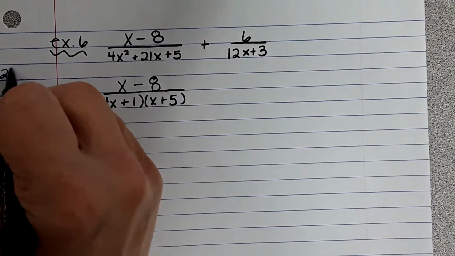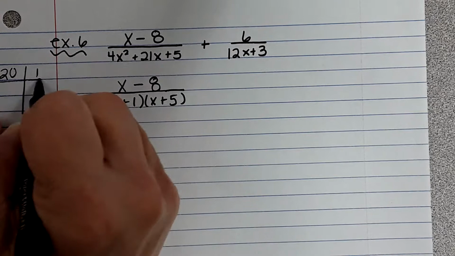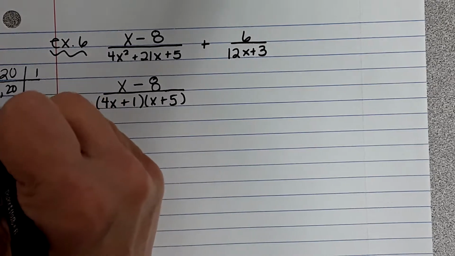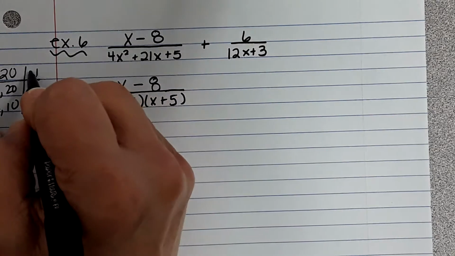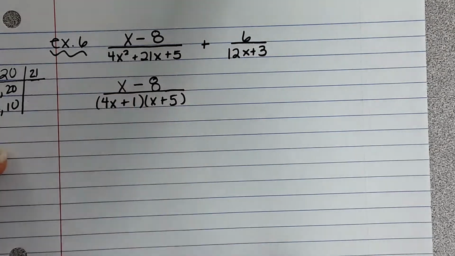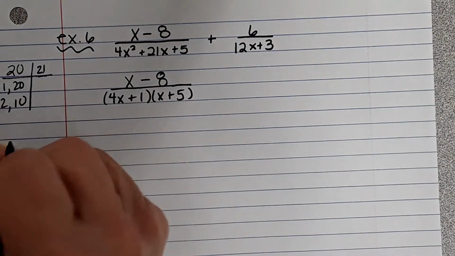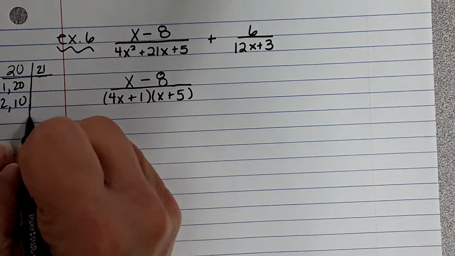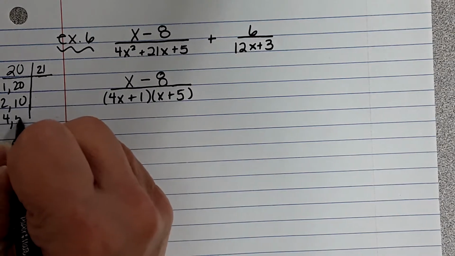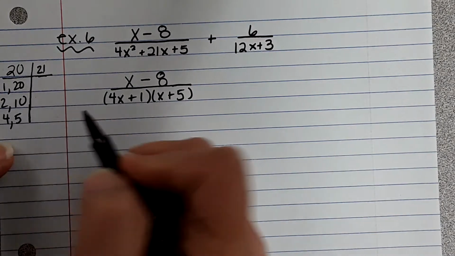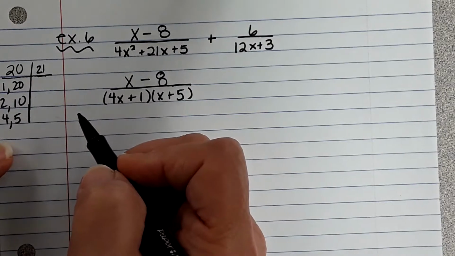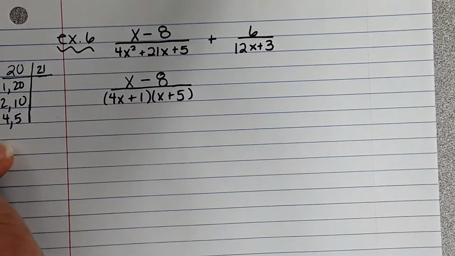You list the factors of 20 that add up to 21. Well, you have 1 and 20, 2 and 10, or 4 and 5. Which ones add up to 21?